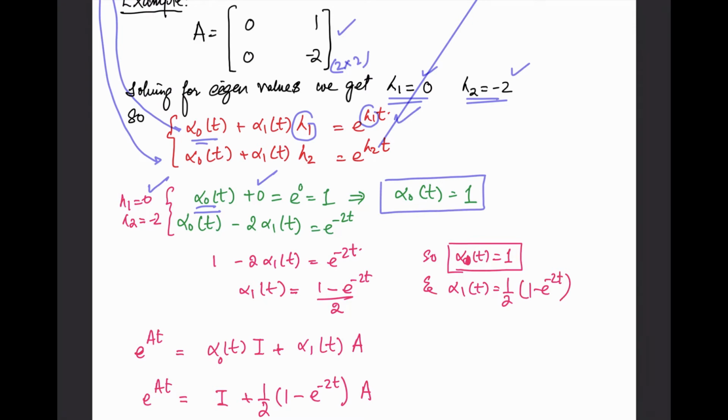And from the second equation, now using the eigenvalue minus 2, we can write alpha naught t minus 2 alpha 1 t is equal to e raised power minus 2 t. And using this value of alpha naught over here, we can write 1 minus 2 alpha 1 t is equal to e raised power minus 2 t, and then we can solve it for alpha 1.